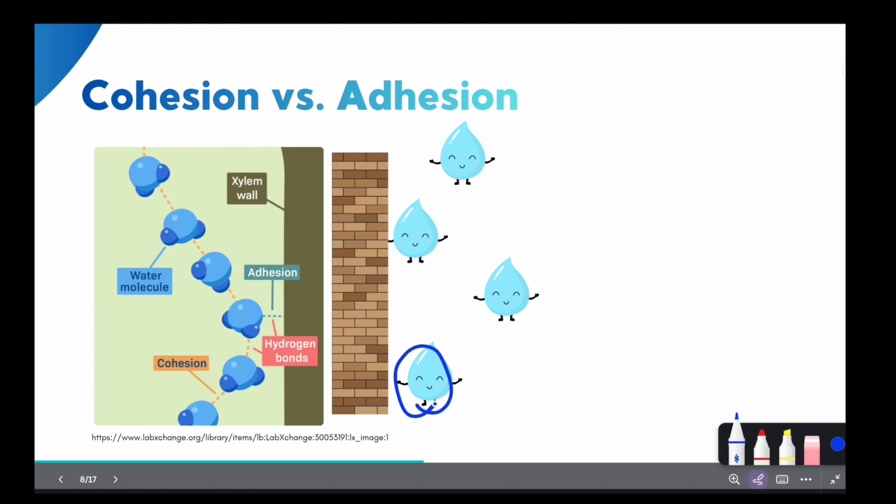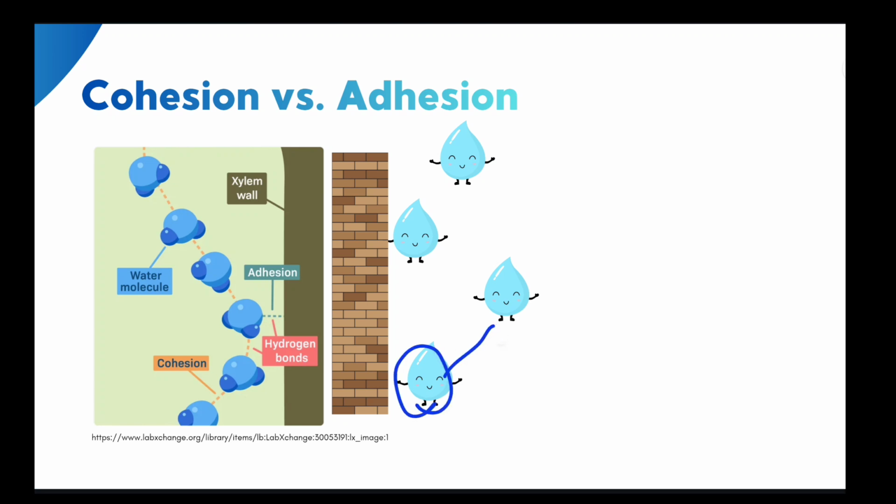Now there are water molecules, and first they stick to each other by cohesion, and then they also stick. But this water molecule stays at the xylem wall, the plant wall, saying, "Oh, I want to be with you.